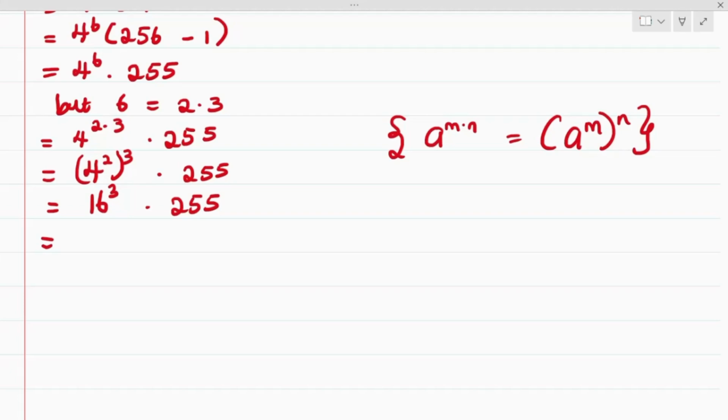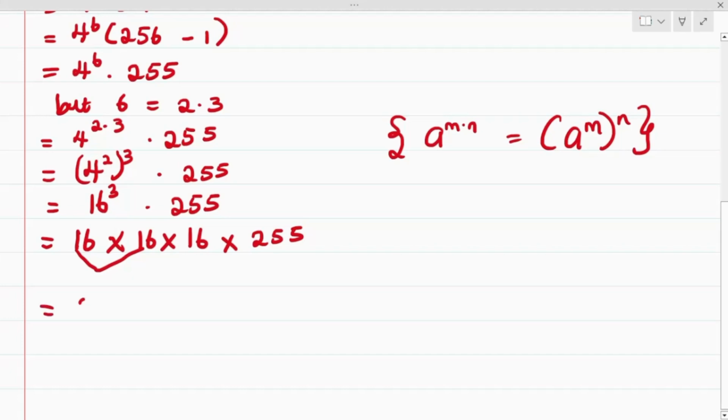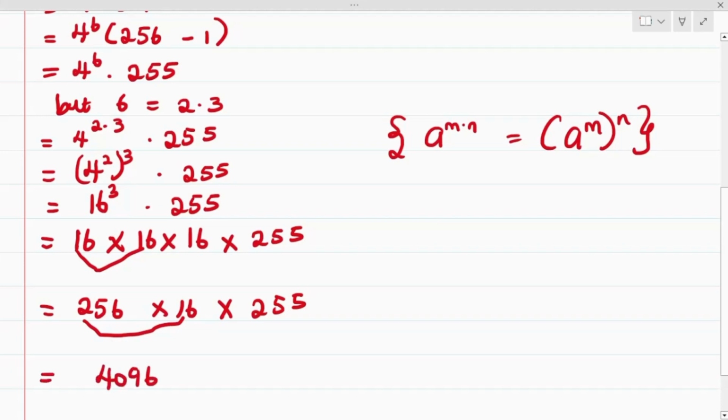Now we can easily express 16 raised to the power of 3 to be 16 multiplied by 16 multiplied by 16 multiplied by 255. So 16 multiplied by 16 is going to give us 256, times 16, multiplied by 255. Alright, so we have 256 multiplied by 16 is going to give us 4096 multiplied by 255.